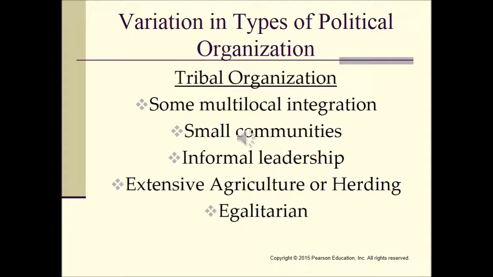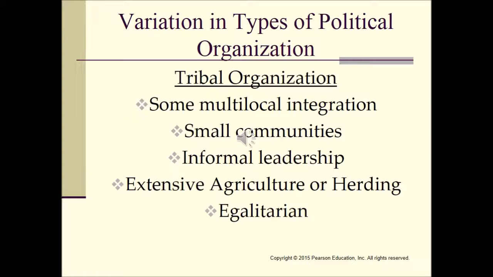Another difference is that there's some multi-local integration, but it's somewhat informal and not permanent, where the groups will come together under certain circumstances, like some kind of external threat or some kind of food shortage. They'll come together, and a lot of times based on kinship as well.